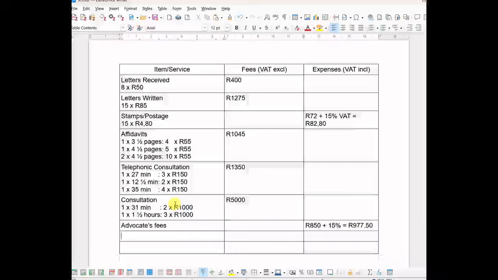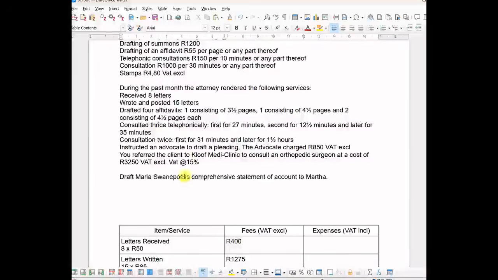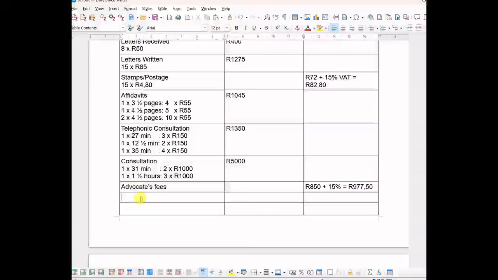Perfect. What else was there? Okay, so we've done the pleading. We have a consultation with an orthopedic surgeon. So we'll call this medical fees.